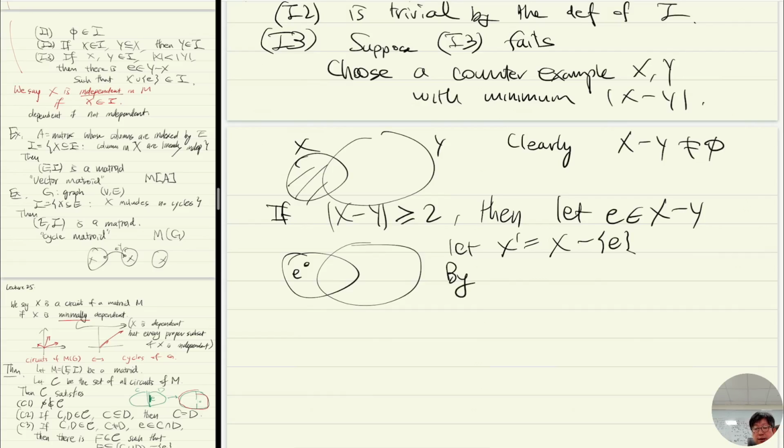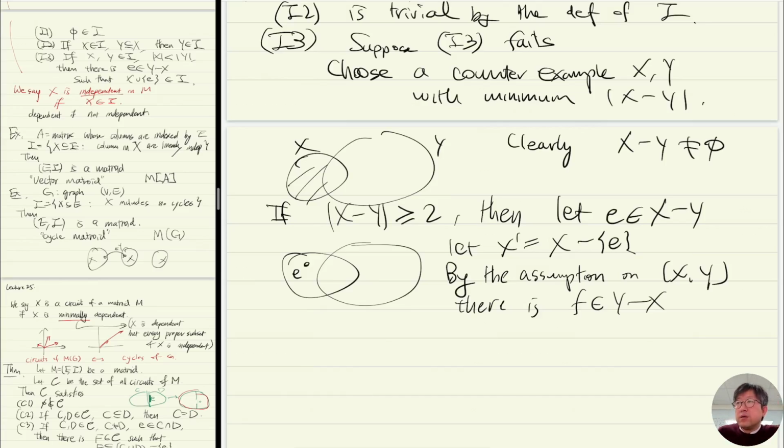And then by the assumption on this pair, there are F and G in Y minus X such that X prime union F, G is independent.